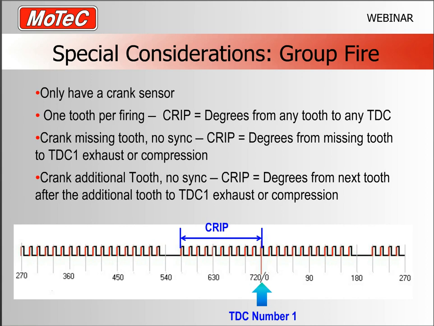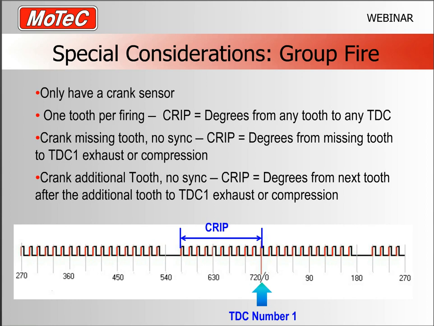Just a couple of considerations to be aware of. There are obviously many different crank and cam style triggers out there. For things like group fire engines, which would probably be a fairly old school engine where they might have just had a crank trigger and no sync, I've listed 3 basic scenarios.